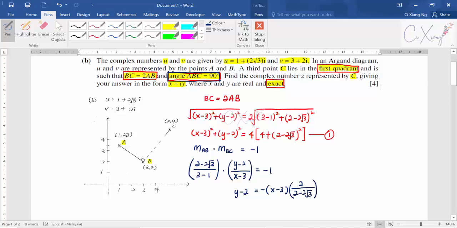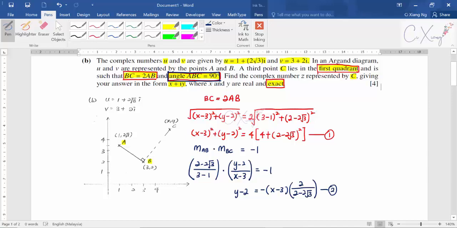After that, I will make this the second equation. Again, I do not want to expand everything because I believe it will become a bit more complicated. So I will just leave it like this. So I have equation number 1 and equation number 2 already. I hope that you can see that.